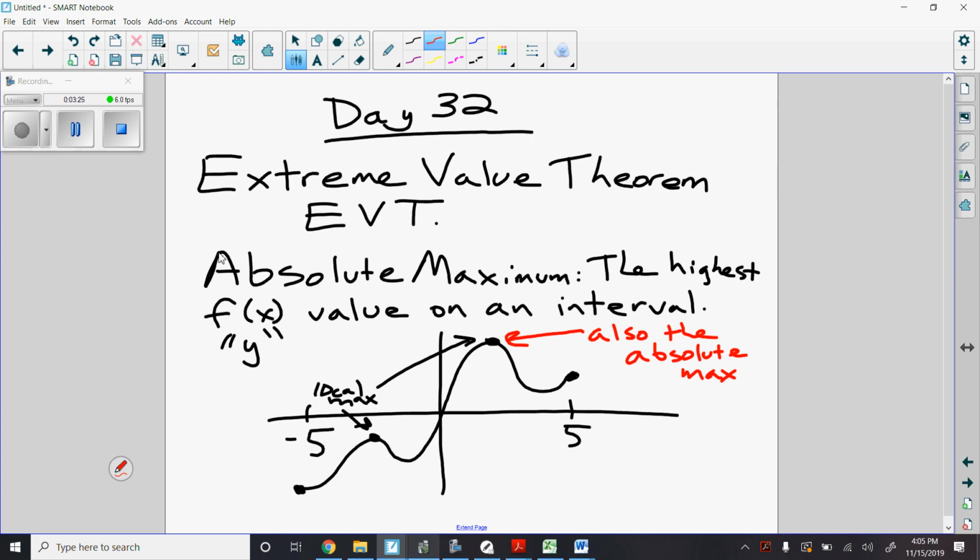Okay, so an absolute min then would be the lowest f of x value on an interval.